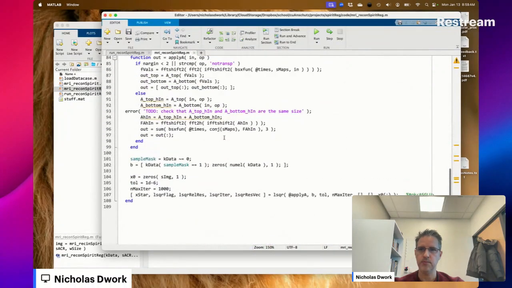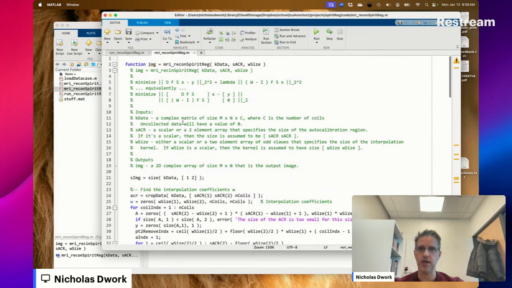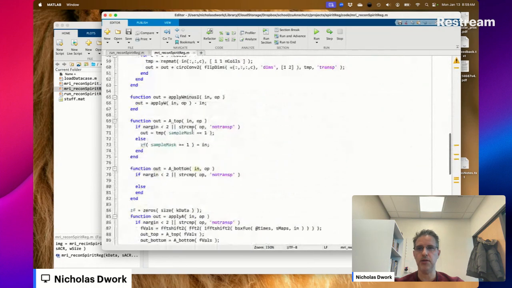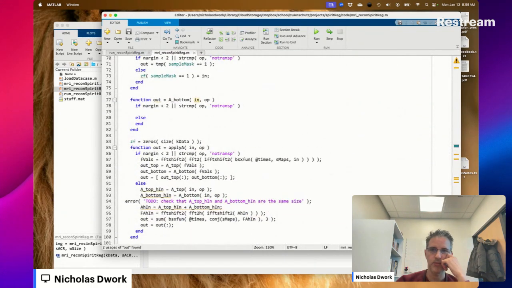Just fine. Now you might notice we don't yet have a bottom implemented, so let's do that. Okay, so what is a bottom? We're going to take these Fourier values, fsx, and multiply it by apply w minus I. That is a bottom. Interesting. So we don't really need a bottom anymore.